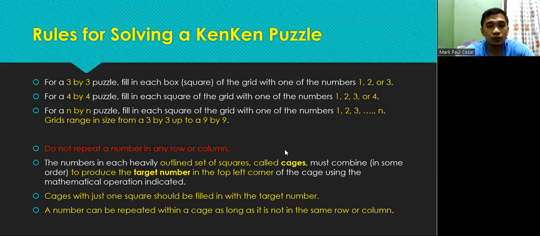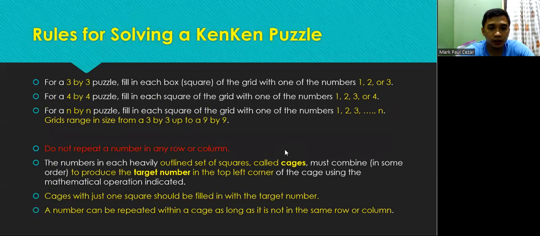So if we're going to use a 5 by 5 puzzle, we can use numbers 1, 2, 3, 4, 5. If we're going to use a 9 by 9 puzzle, we can use the numbers 1, 2, 3, 4, 5, 6, 7, 8, 9. I hope you understand that rule for this KENKEN puzzle.